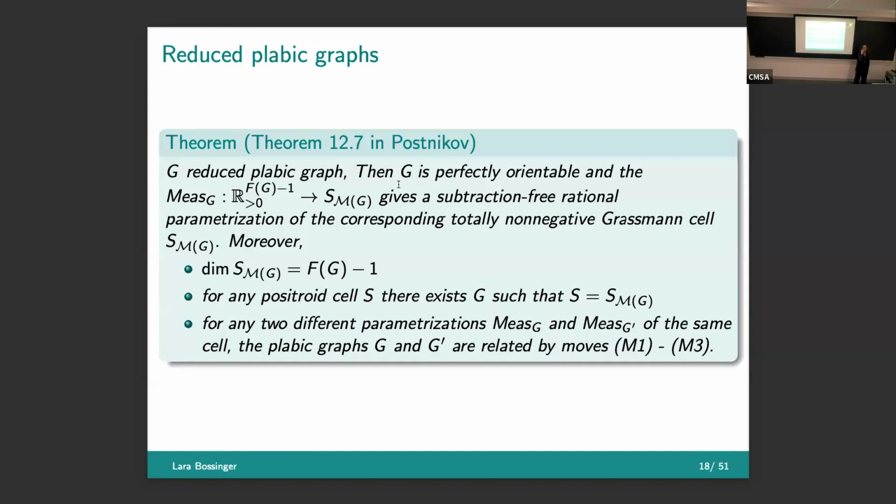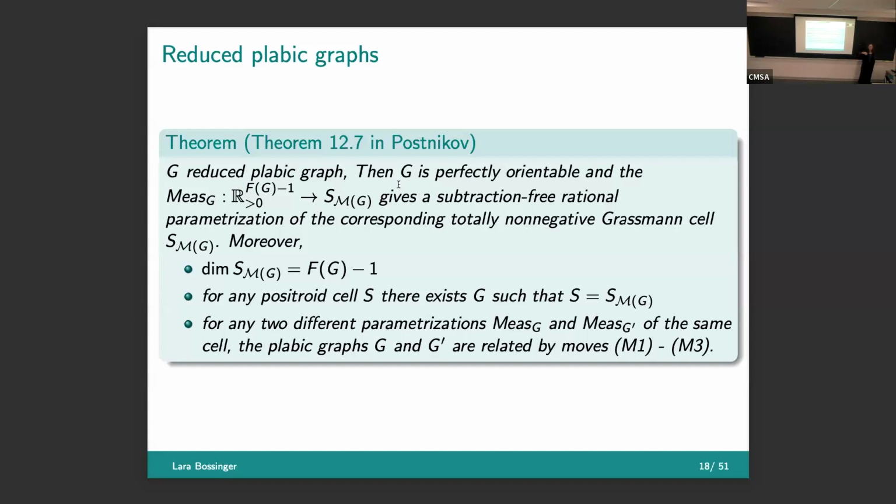Do you get them as well in this parameterization? Each positroid cell is open, so you just get the open part with this fixed plabic graph. If you want to go to the boundary, you have to erase some edges, and then the plabic graph changes for the positroid cell in the boundary. But this result includes all.